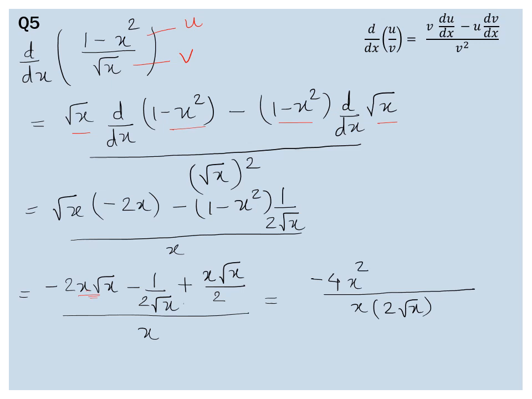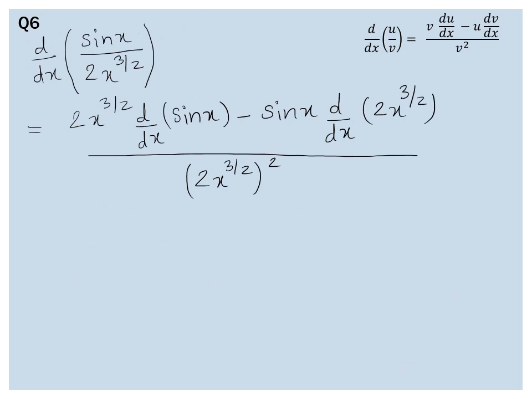Then in the second term here, it is 1 upon 2 root x, so it remains as minus 1, and in the third term here, along with 2 in the denominator there is no root x, so we need to multiply and divide this term by root x, and therefore it becomes plus x square. Simplifying further, we get minus 3x square minus 1, and whole divided by 2x root x, and this is the desired result.